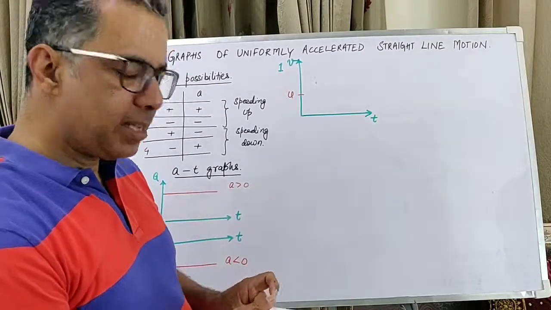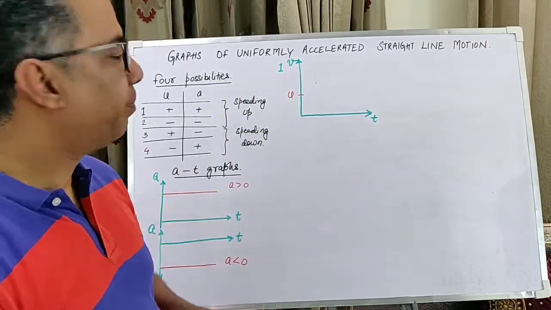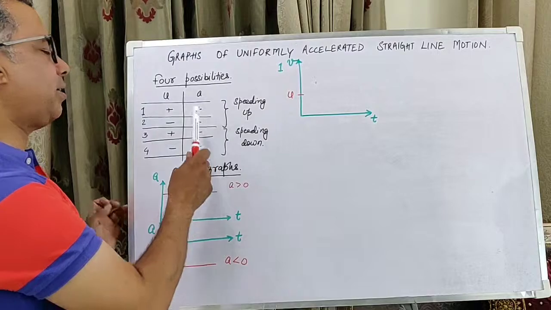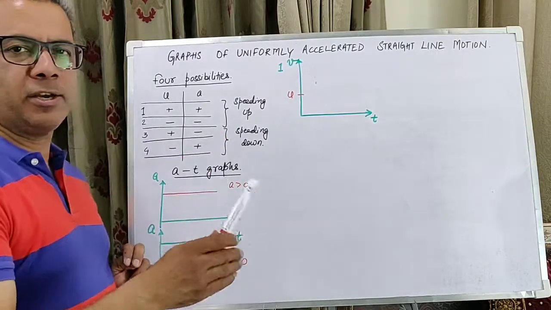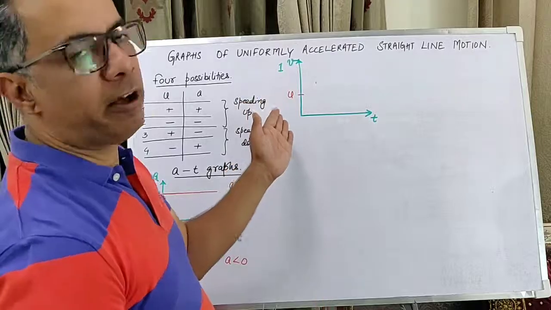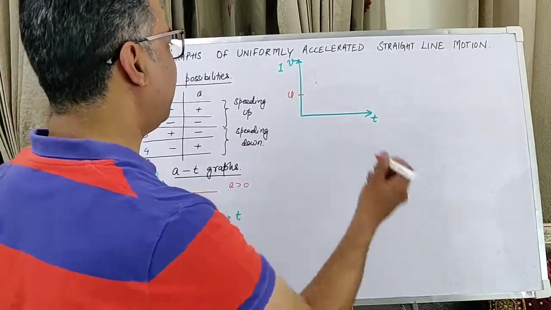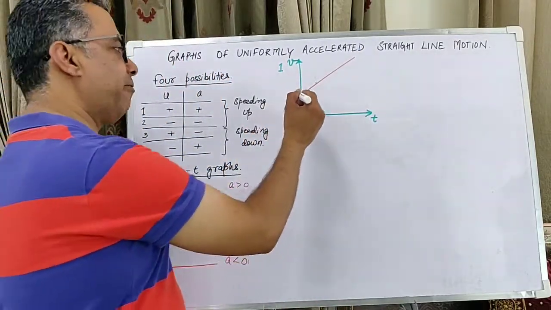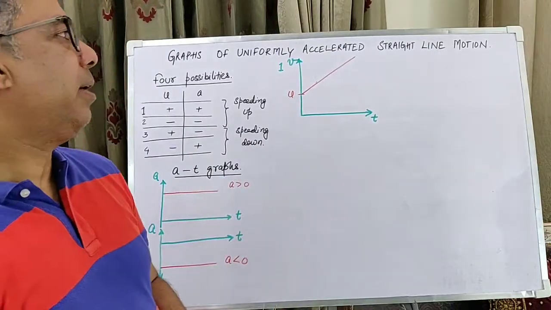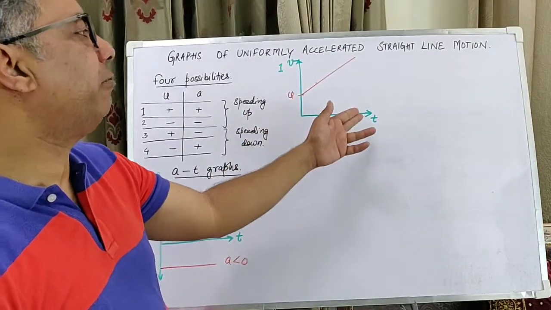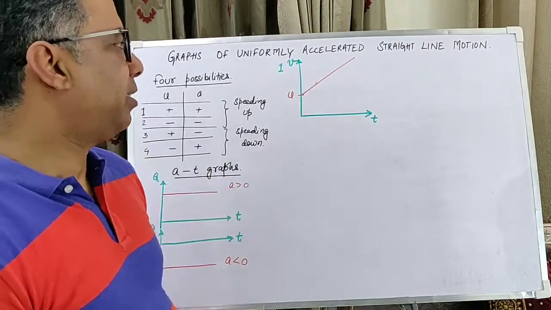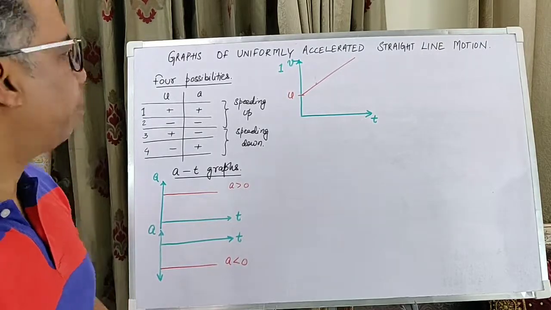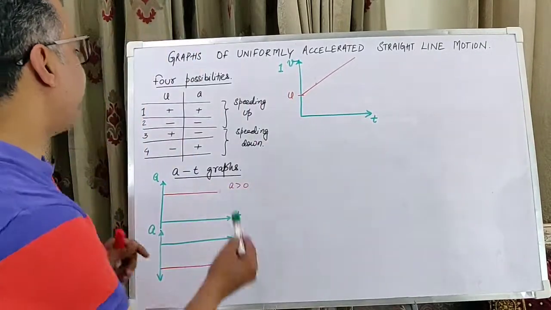Now recall that acceleration is the slope of the VT graph, and here we are dealing with uniformly accelerated straight line motion, so acceleration is positive as well as constant. So we have to have a graph with a positive constant slope, and that's very easily drawn. Now recall the interpretations for the VT graph. The slope at any point gives us the acceleration, and the area under the VT graph gives us the displacement, right? That's the VT graph for the first case.